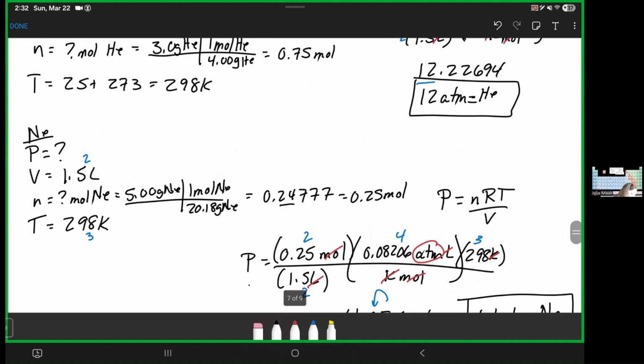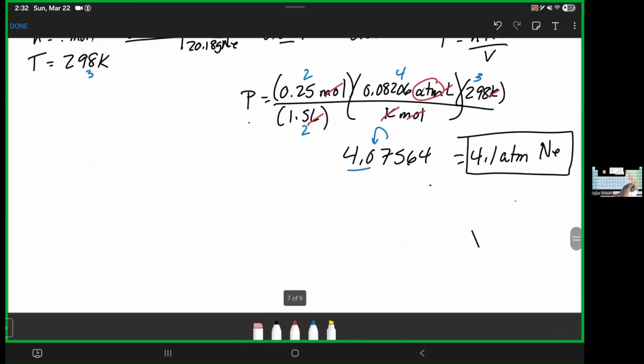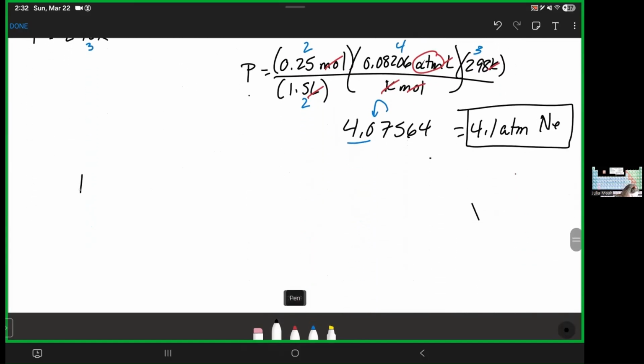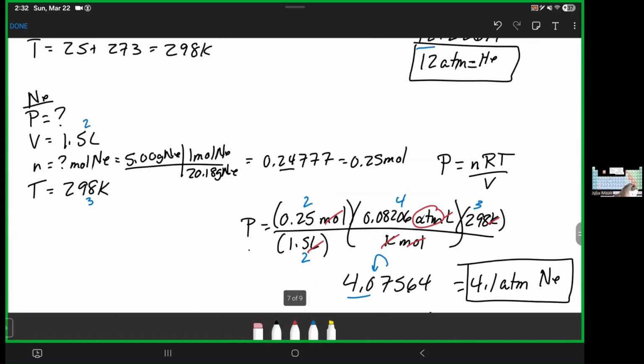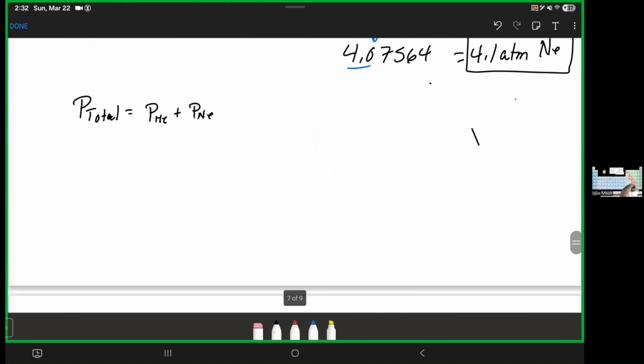Okay. So now, in order to do our total pressure, we're going to add those together, our pressure of helium plus our pressure of neon. So we take our pressure of helium, which was 12, and we add our neon, which was 4.1, and I get 16.1, and this is addition, subtraction.